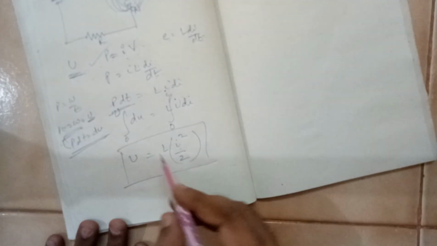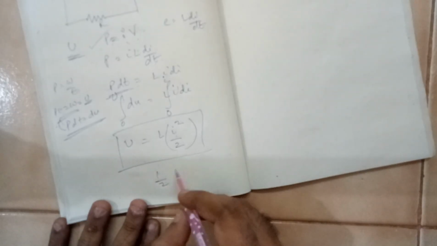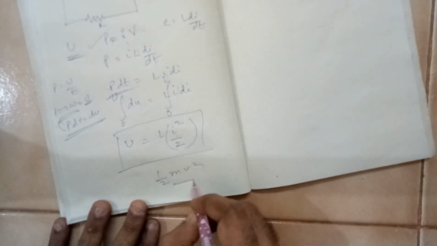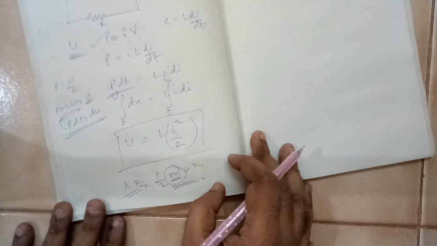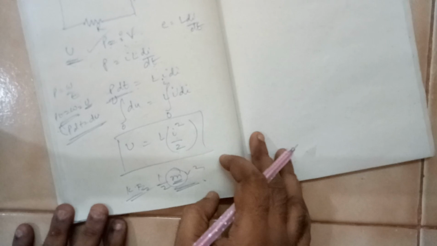Now if you see this equation, somewhat like in mechanics we have seen the equation kinetic energy is equal to half mv square. If you see here, what is this mass doing in that equation? Mass is basically providing the inertia, a resistance to movement.